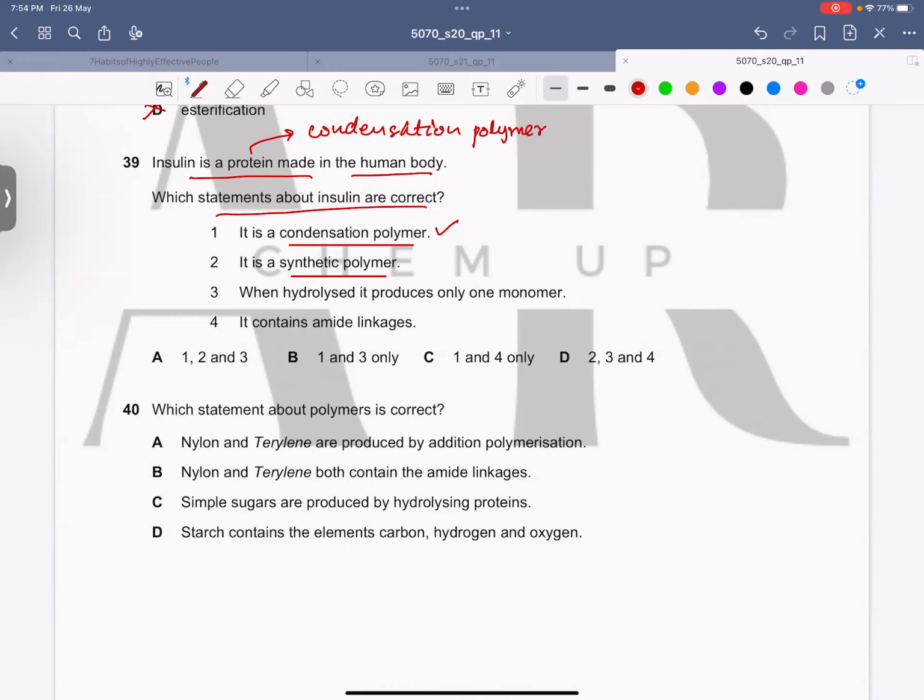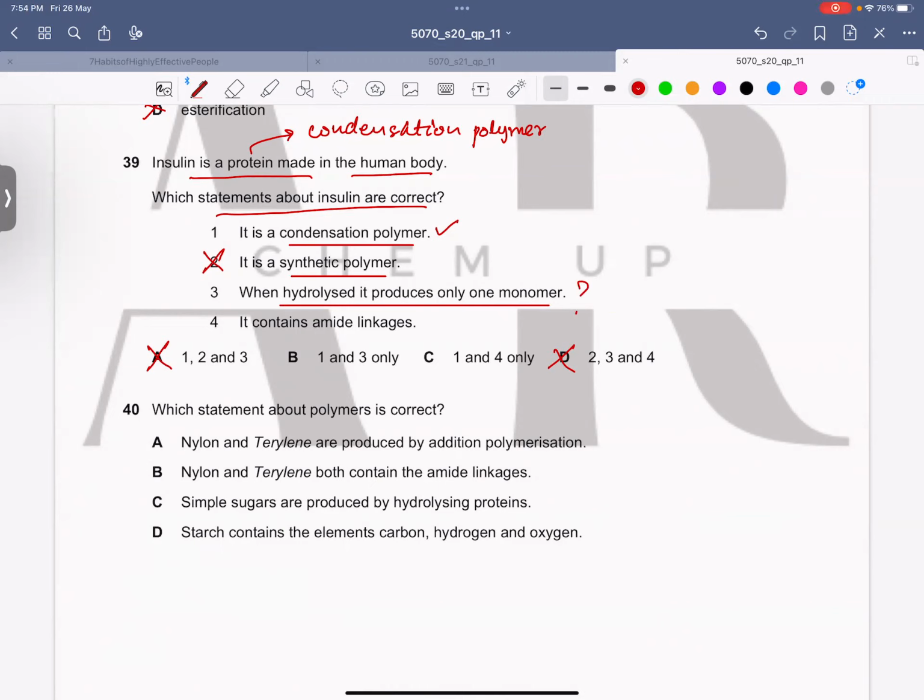It is a synthetic polymer. As they said it's produced in the human body, so it must be natural, not synthetic. So the second statement is wrong, and if the second statement is wrong, then option A and option D cannot be correct. When hydrolyzed, it produces only one monomer. Is this statement correct?